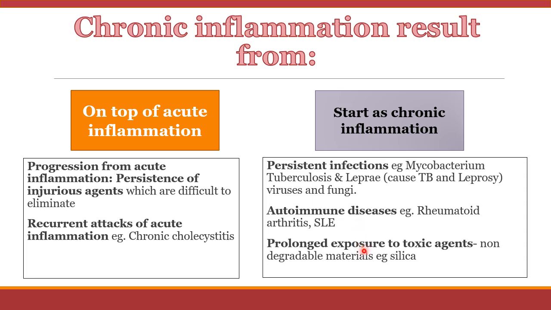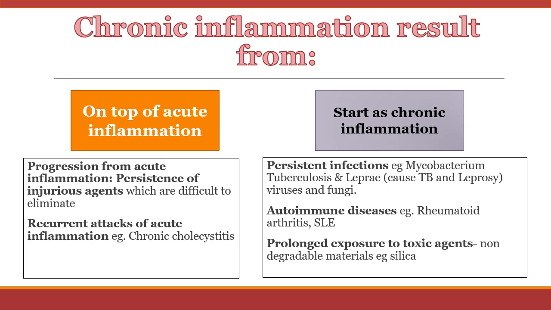Then we can also see chronic inflammation after prolonged exposure to toxic agents, for example non-degradable material like silica. Silica is one of the harmful materials that can lead to chronic inflammatory reactions in the body after prolonged exposure, such as in occupational settings.